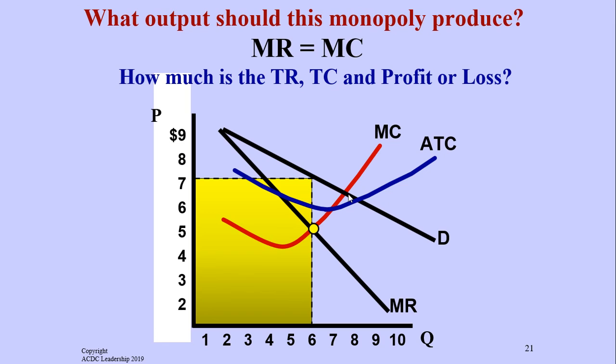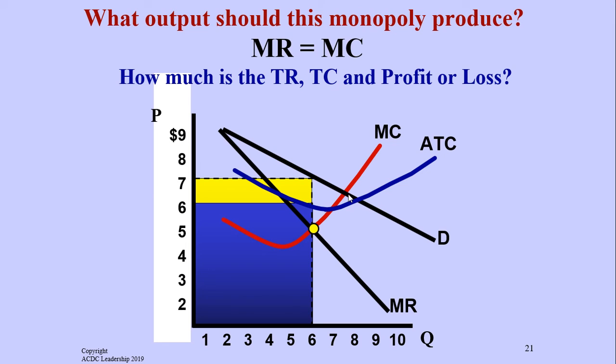Now, the cost at that particular level, 6, their cost is 6. All right, so what's their total cost? 36. So are they making a profit here? Yes. Profit of 6.